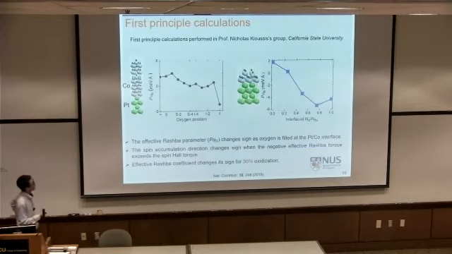So we had a collaboration with Professor Nick at California State. He's a first principles calculation person. He tried to put oxygen at different layers and see which layer is really responsible for this sign change. The y-axis is basically the Rashba coefficient.